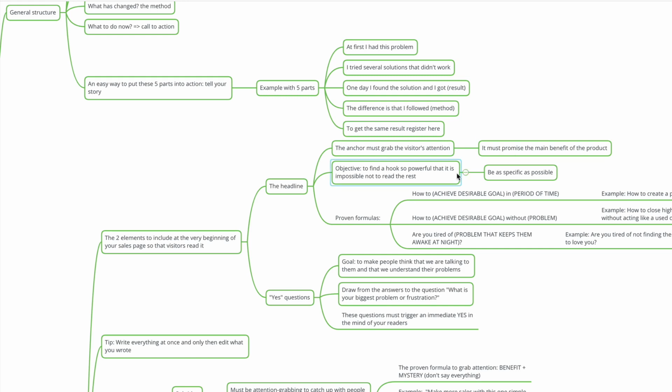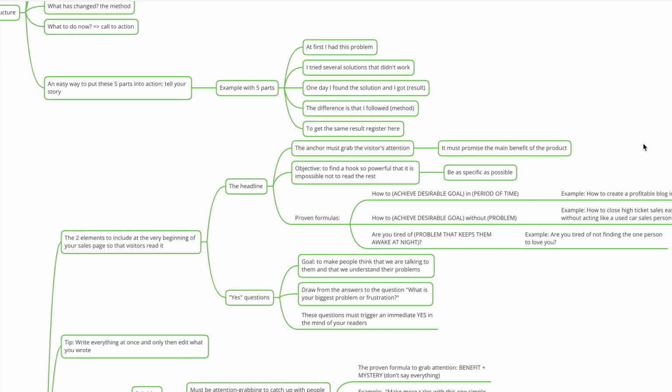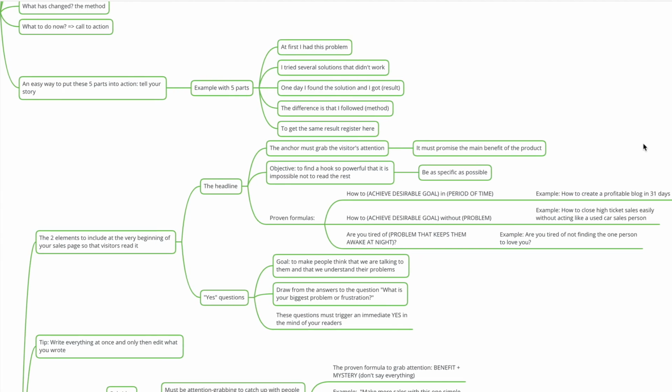The goal is to find a hook so powerful that it is impossible not to read the rest. You need to absolutely stop people in their tracks. Everyone is browsing online. Everyone is busy. Everyone is in a hurry. So you need to grab the attention right from the start, right from the first sentence, and that's going to be your headline, okay? And be as specific as possible.